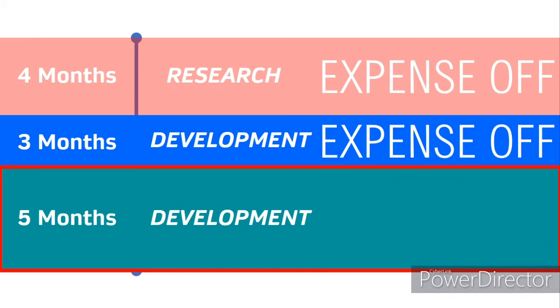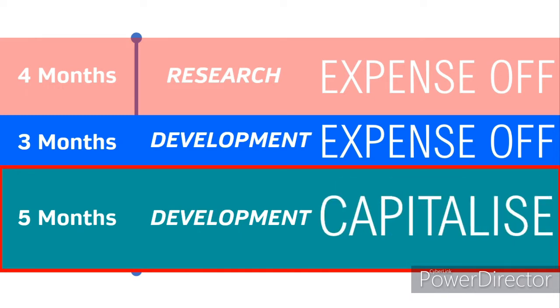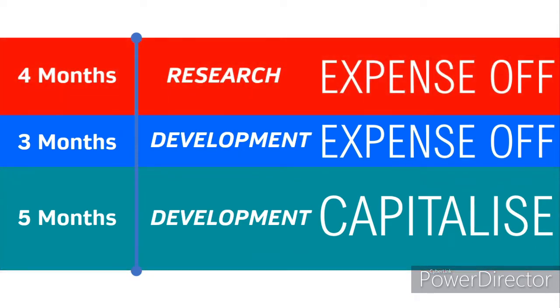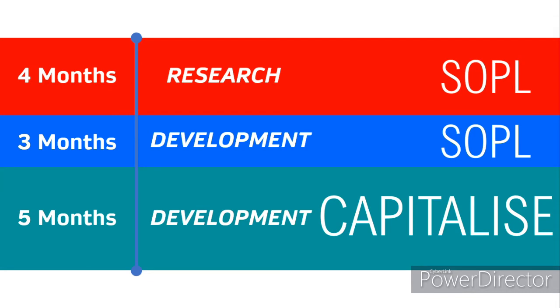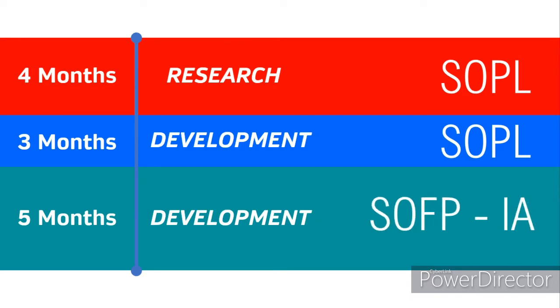So starting from this point, you can start to capitalize the cost. It shall be considered as your intangible asset. Expensed simply means it goes to your statement of profit or loss as your expenses, whereas capitalized, it will be considered as your intangible asset in the statement of financial position under non-current assets.